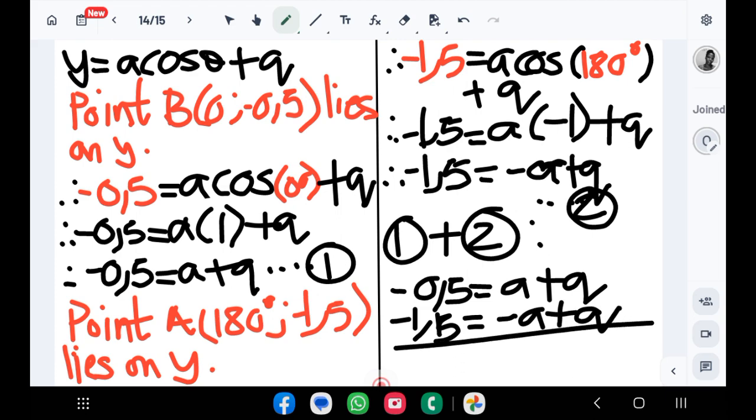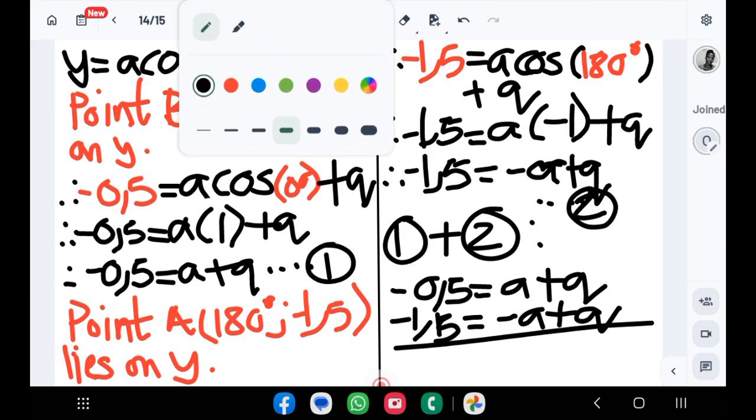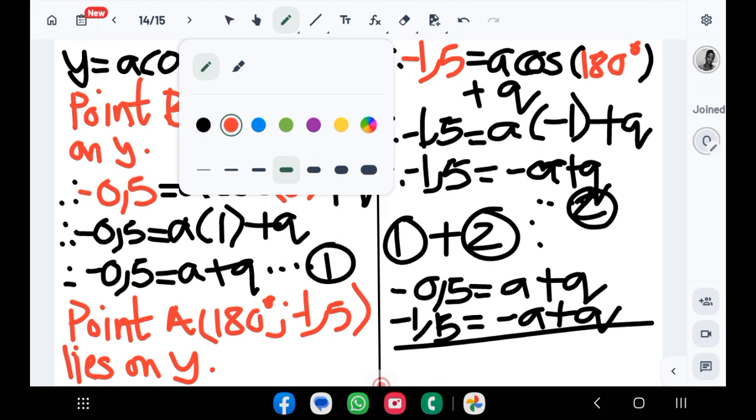Since you've got a and negative a, you just add them together. The a's will eliminate each other, and you'll be left with q and the number on the left hand side. We're adding here, very important, this is plus.